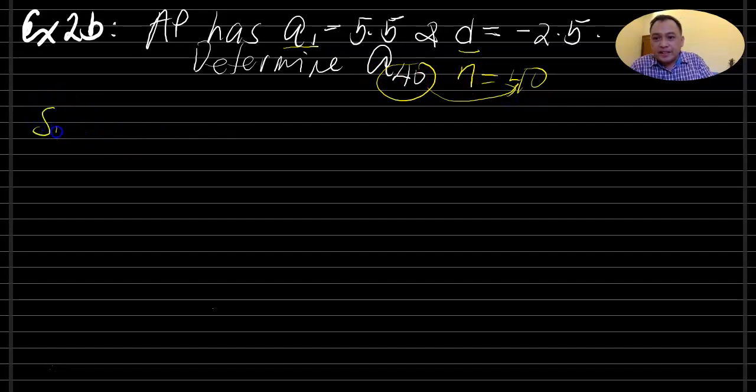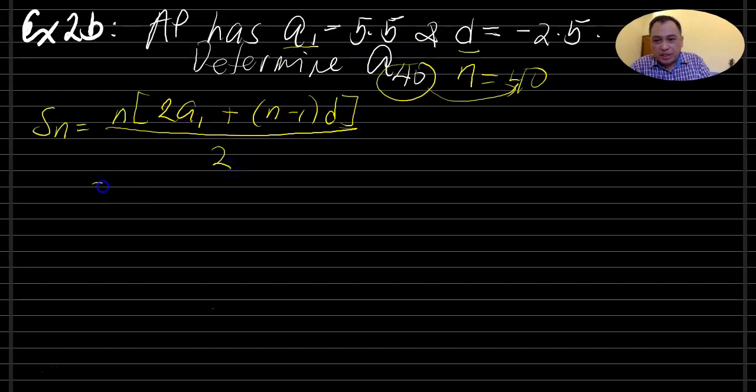So let's go ahead and set S of n is equal to n times 2a1 plus n minus 1 times d, divided by 2. Okay, so our S, that's going to be S40, is going to become, what is n? That is 40, of course.